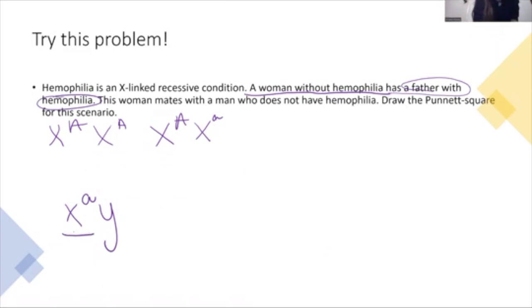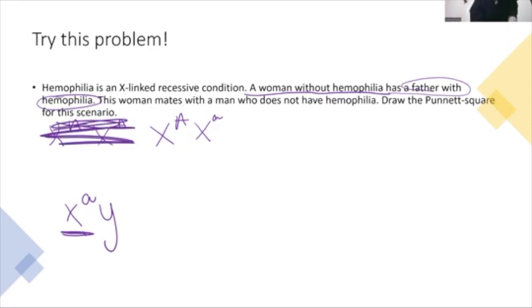So this X would go to every single one of his daughters. That means his daughter has to have an X little a. But we know she's not affected, which means she has to have an X big A as well. So she must be heterozygous.